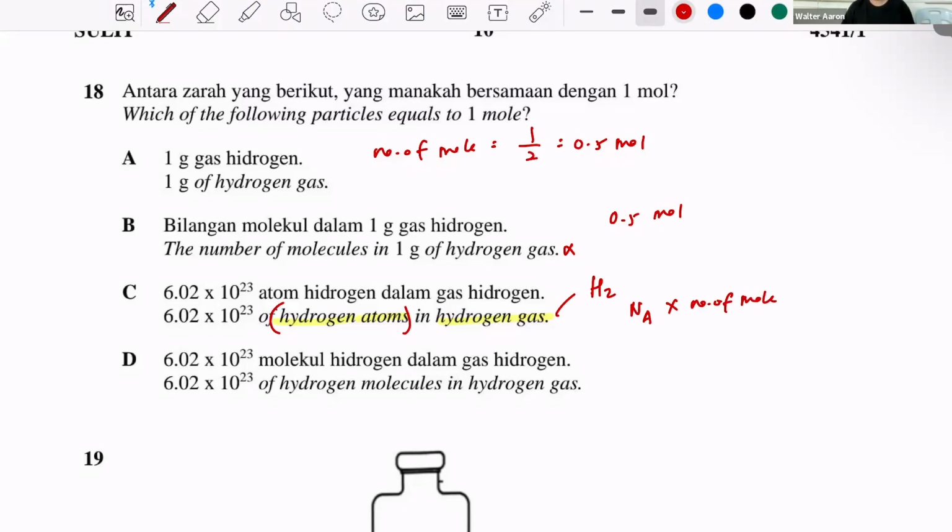Last one, 6.02 times 10 to the power 23 hydrogen molecules in hydrogen gas. This is correct, because they're referring to molecules, not the gas itself, not the particles, not atoms. So for one mole of the gas, I should have one mole of molecules. Correct. So the answer here will be D.